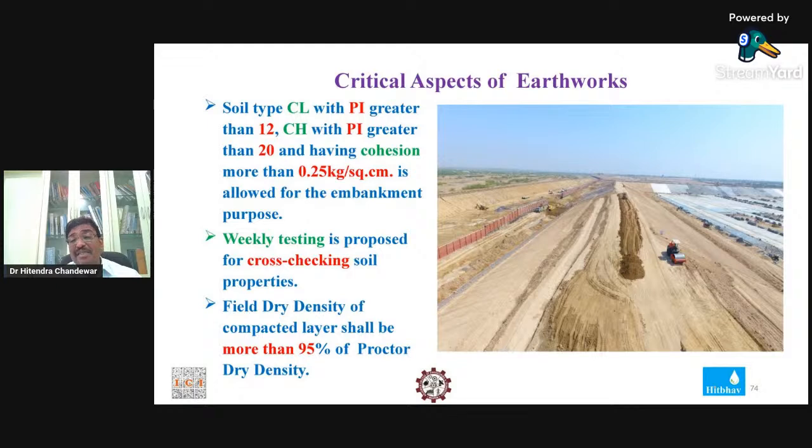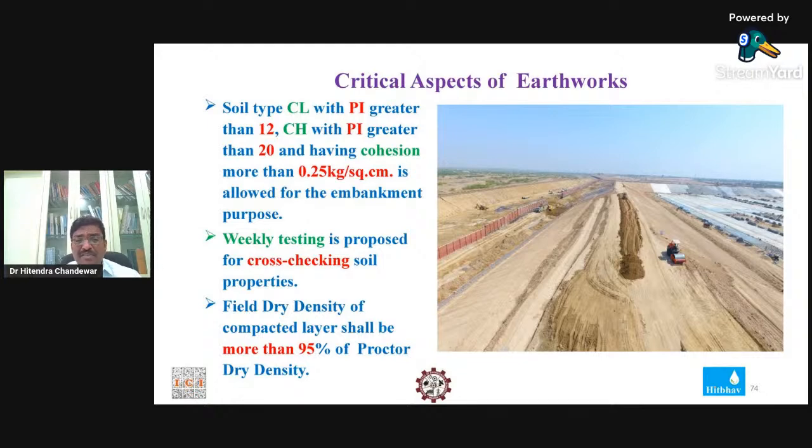That was the stringent criterion. If it is found less, then you have to go for more compaction. You have to ask the roller operator to give more passes of the roller, so as to have the field density more than 95% of the proctor density.